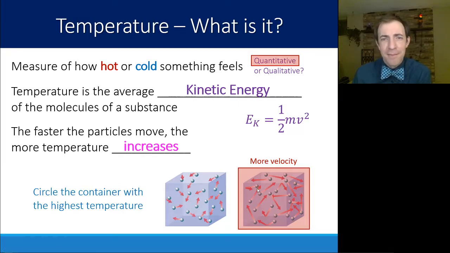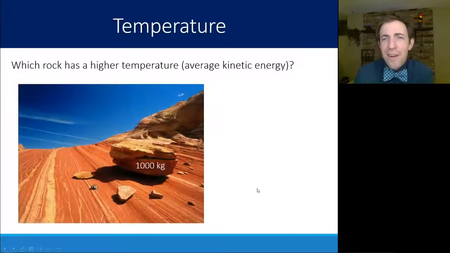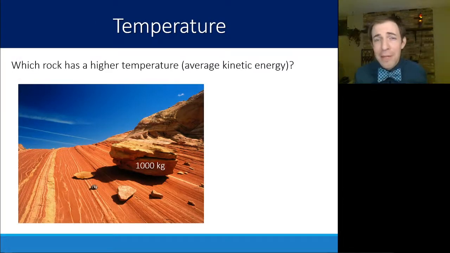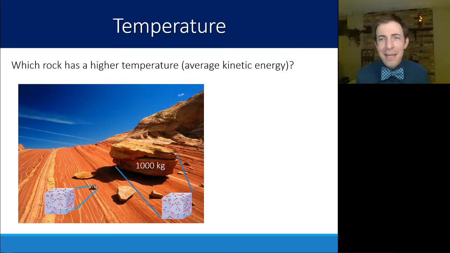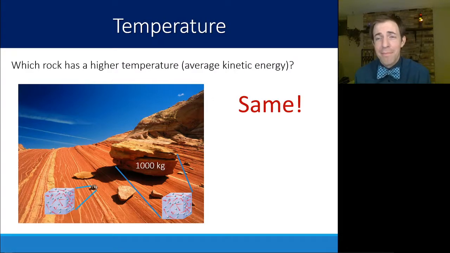So if we look at two samples here in the desert, where everything has come to equilibrium, it doesn't matter how big or how small a rock is, both of these rocks internally have molecules that are moving at the same average velocity. We can say that they have exactly the same temperature.